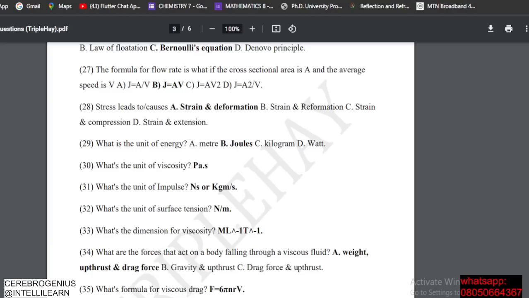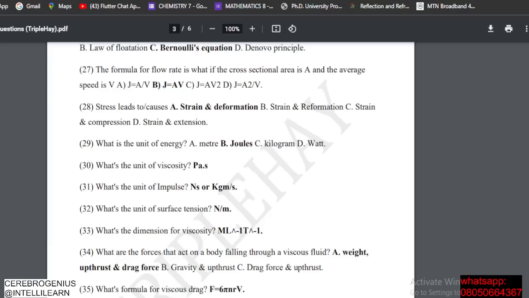If the question says it is tensile stress, then it's going to be strain and extension. But if the question says it is shear stress, then it's going to be strain and deformation. So those are the cases that we can have.